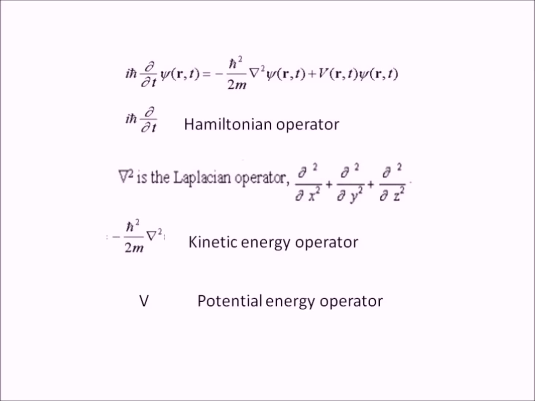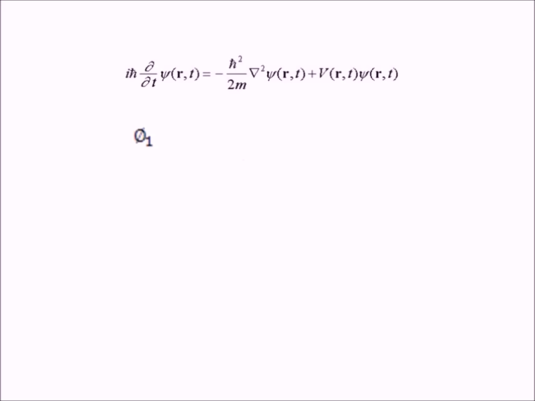So let's call this Schrodinger's equation, equation number 1, and the solution of equation 1, let's say it is phi 1. So the above equation 1 can be written as iħ ∂/∂t phi 1 is equal to minus ħ² by 2m ∇² phi 1 plus V phi 1.